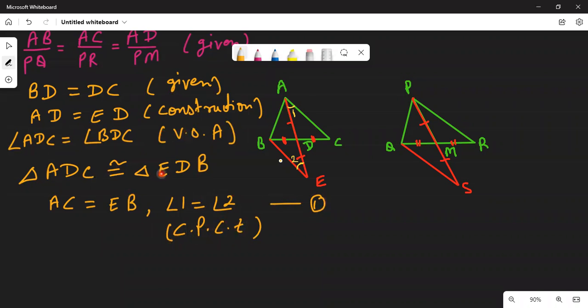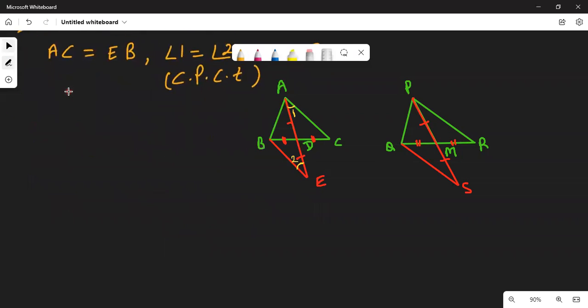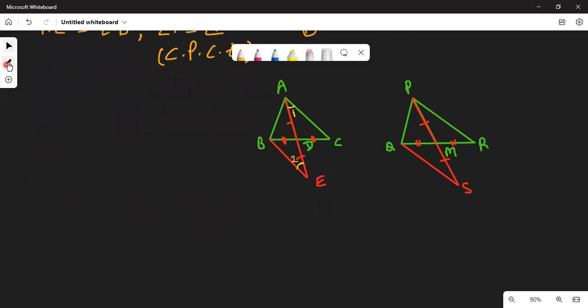Just like we proved triangles ADC and EDB congruent, in the same manner we can prove these two triangles are also congruent.